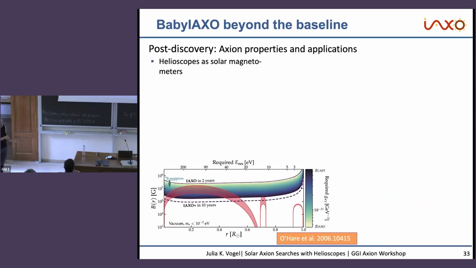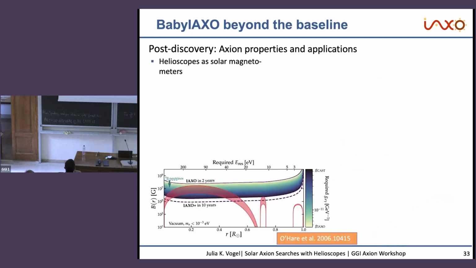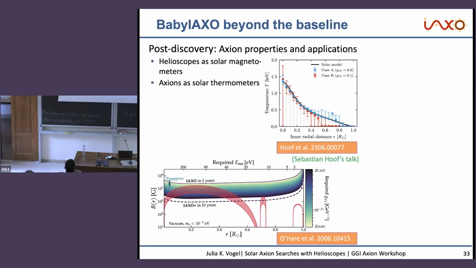Inversely, if we discover an axion, we could also use these methods to then measure or determine the magnetic field. That was a paper by Kieran suggesting that we could determine the field over here in the radiative zone by measuring with IAXO. Or, as we heard from Sebastian earlier this week, we could use axions as solar thermometers to determine the temperature along the solar disk and along the radius.